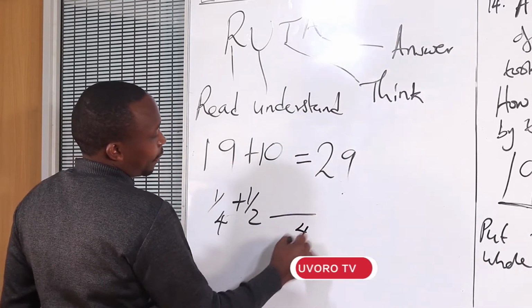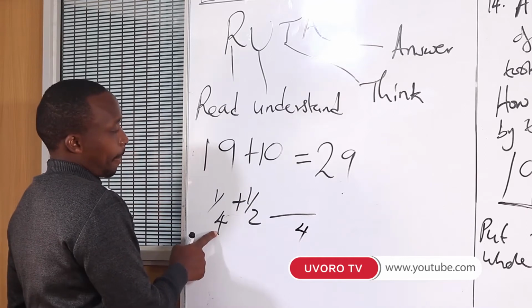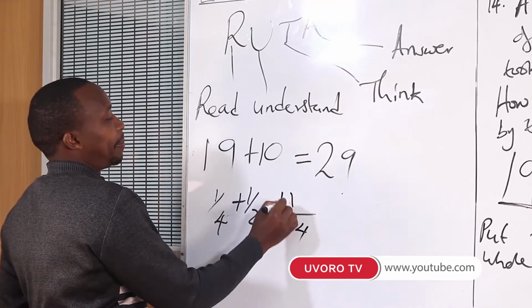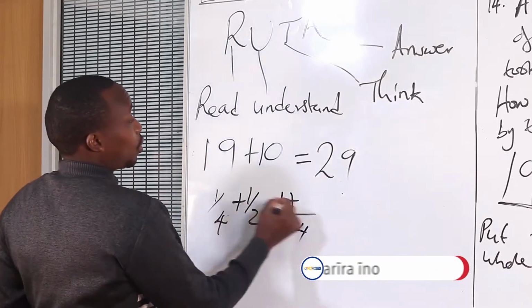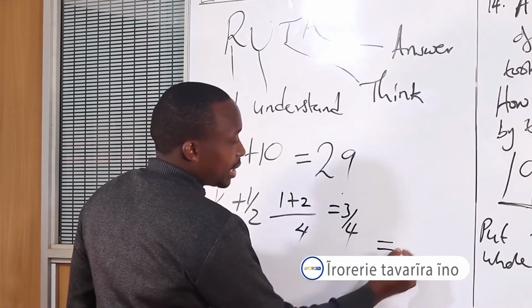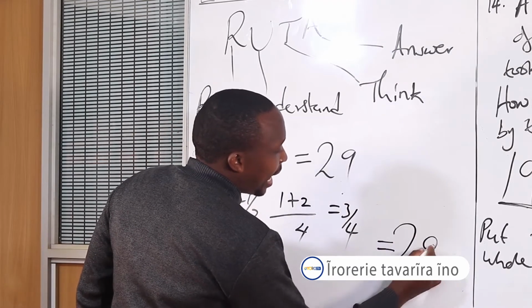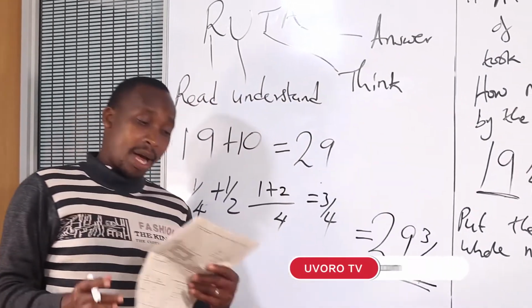It is 4. 4 divided by 4, 1. 1 times 1, 1, plus 4 divided by 2, 2, times 1, 2. So that is 3 over 4. So what is the answer? 29 and 3 over 4 is our answer.